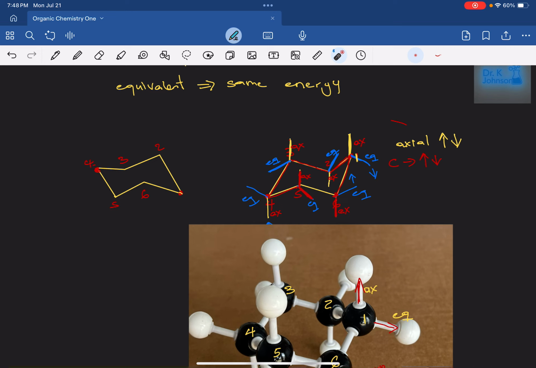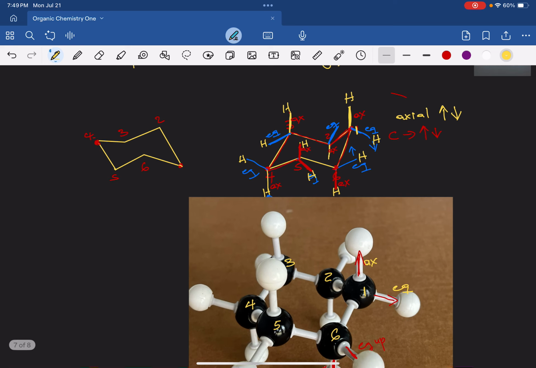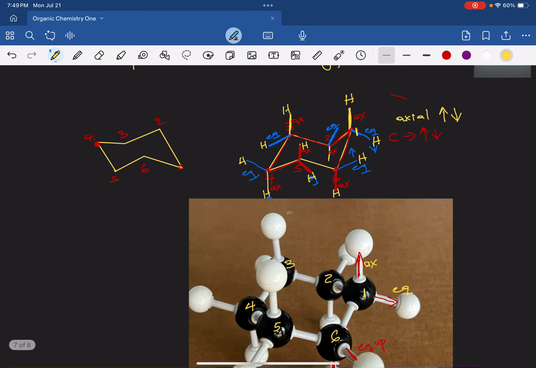Just draw the lines. Here, these are hydrogens. Sorry, I didn't put them in. These are hydrogens, hydrogen, hydrogen, hydrogen. So you should remember your axial bonds. And let me show you your three axial bonds here. These three are your axial bonds, right?